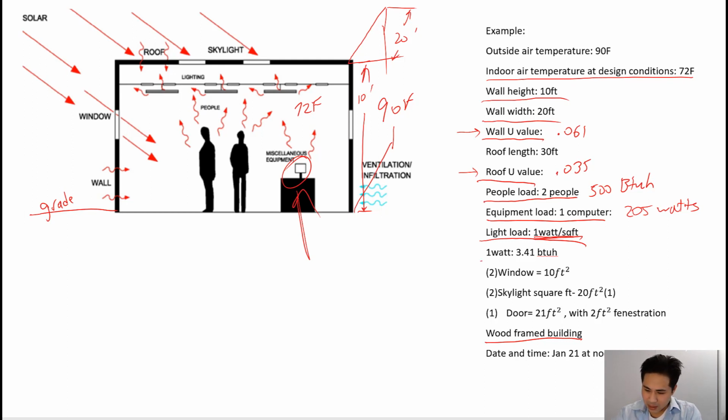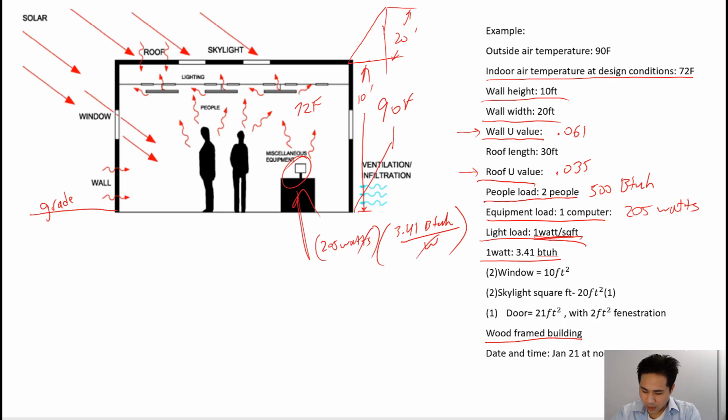And if you look, this is the conversion between watts and BTUs. 1 watt is equivalent to 3.41 BTUs per hour, so when we do the conversion of the computer, which is 205 watts, we multiply that by 3.41 BTUs per hour per watt.